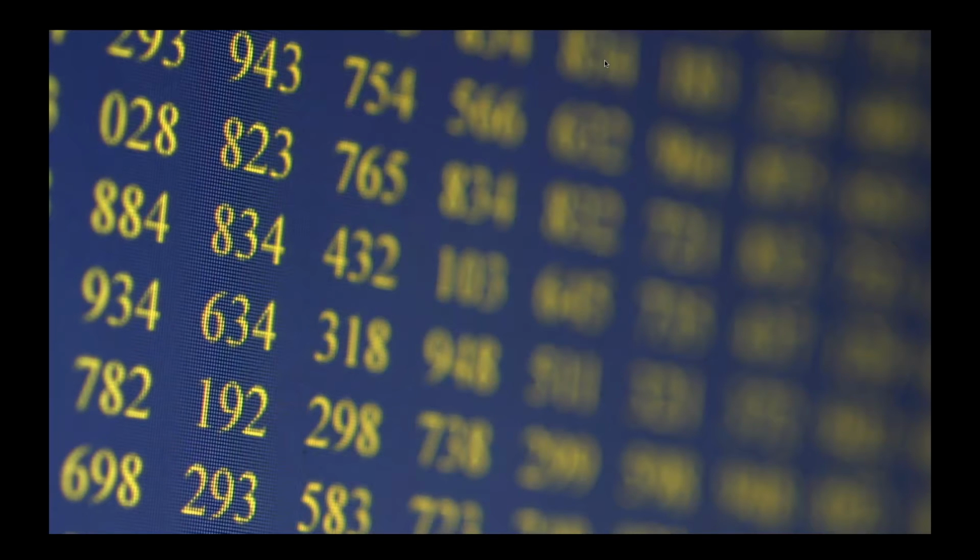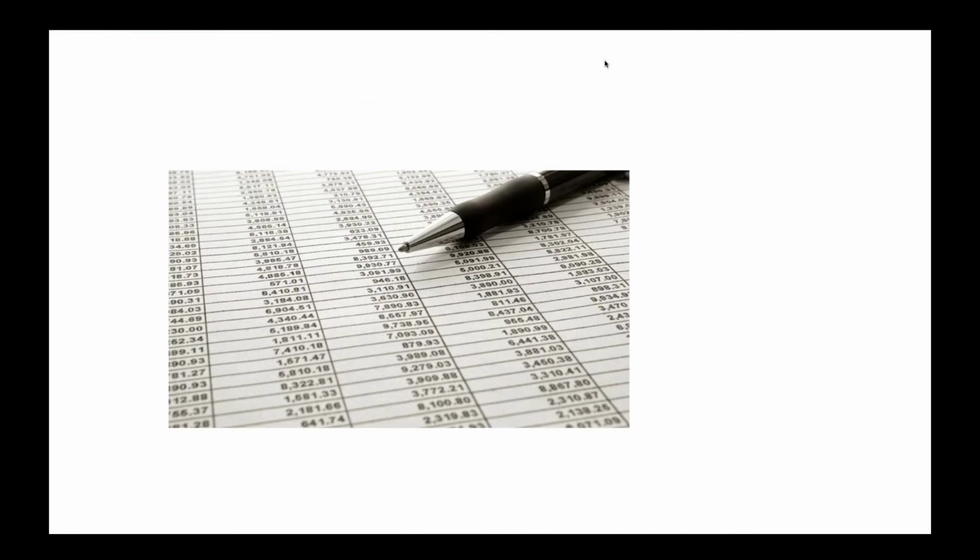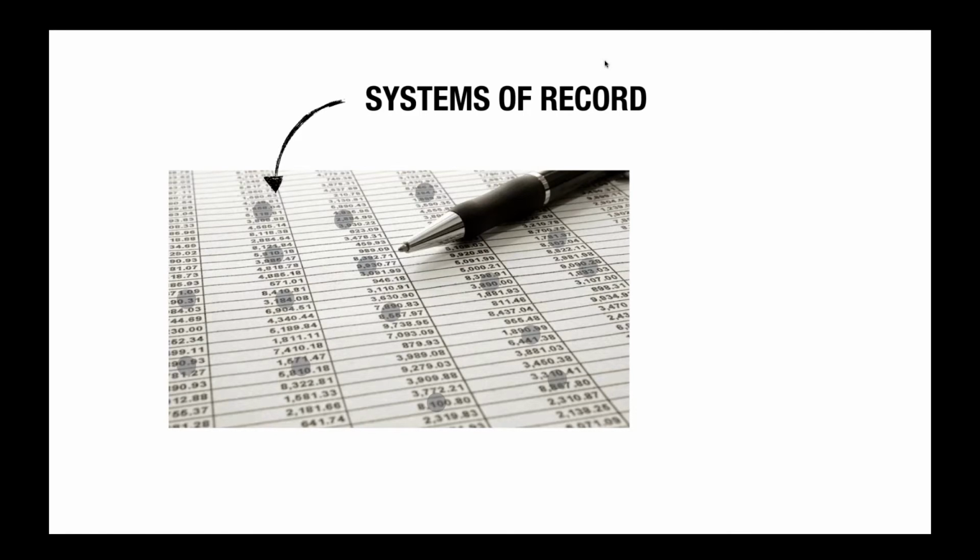And we'll get started by talking about data, and specifically the traditional approach towards data. Traditionally, when we've been working with data and applications, we treat data as these discrete elements in a system of record. So something happens, we make a sale, we record a transaction, we treat that as a discrete data point.